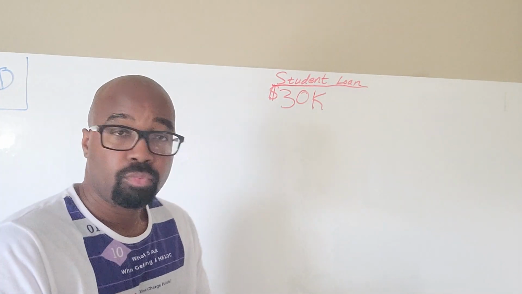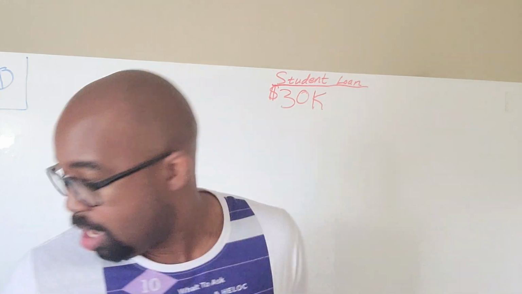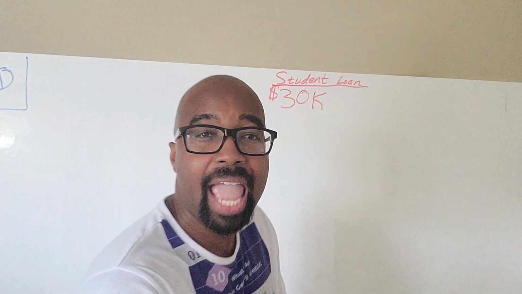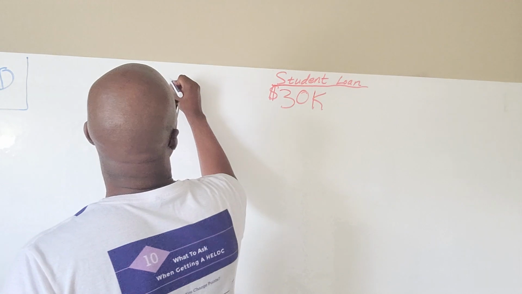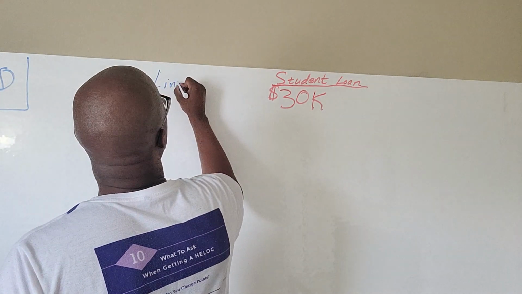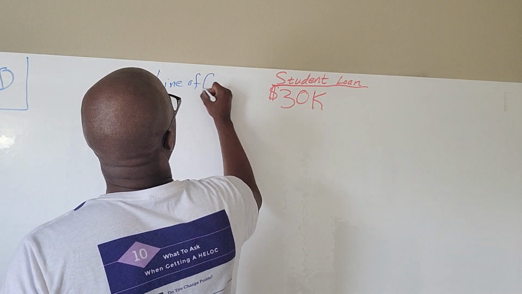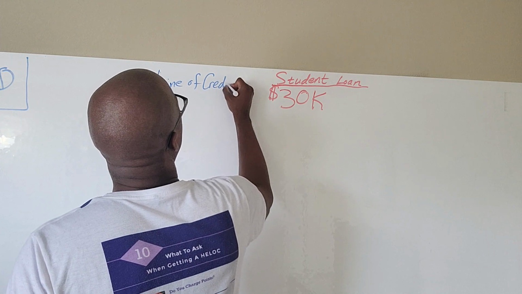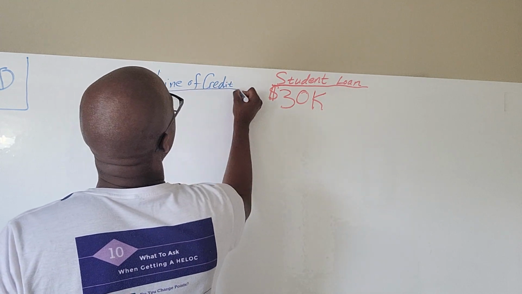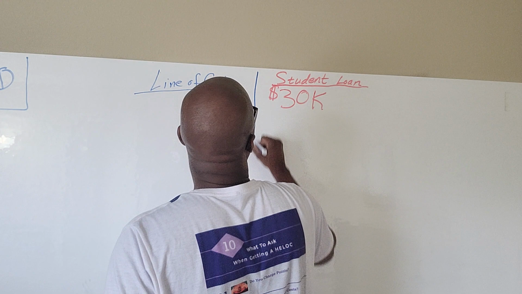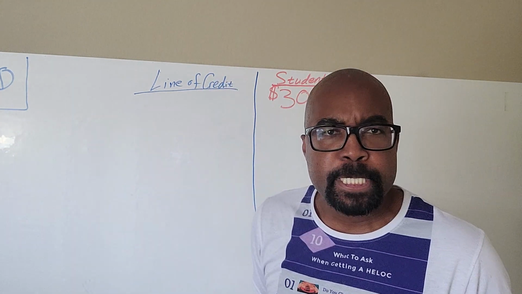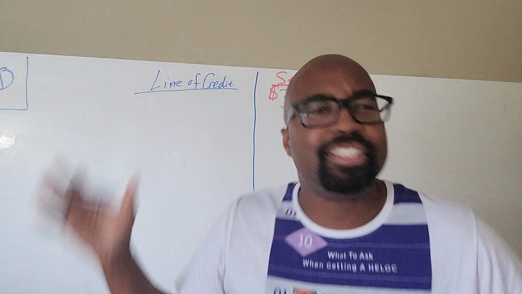Now, let's say you have a line of credit of, let's say 10,000.